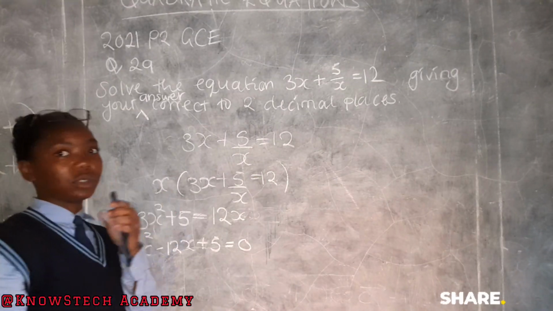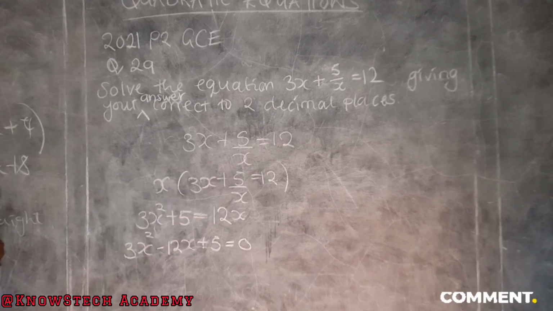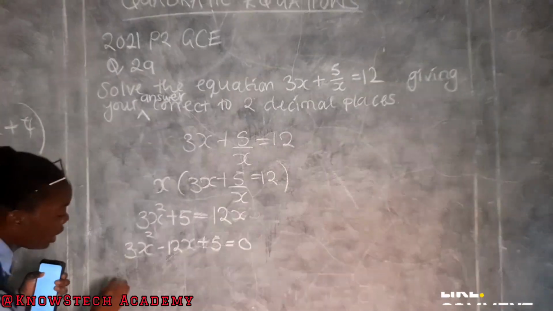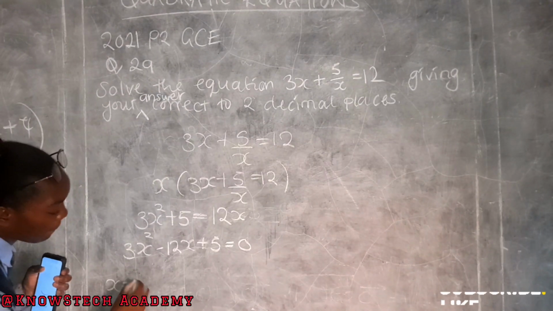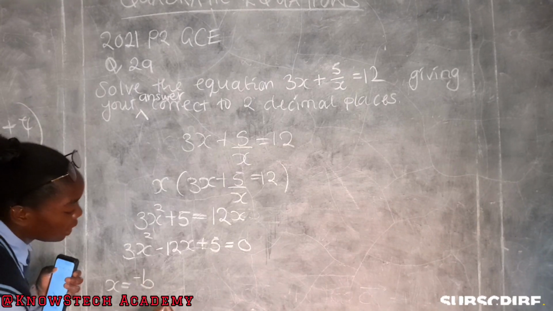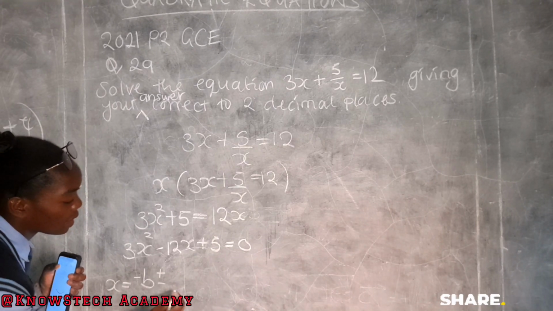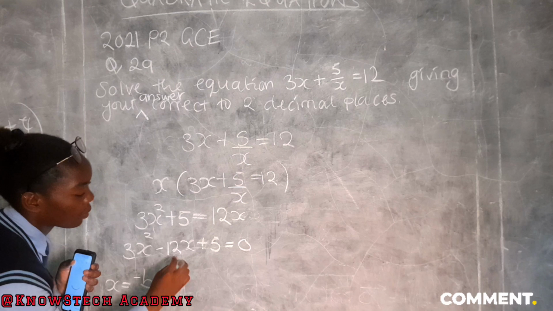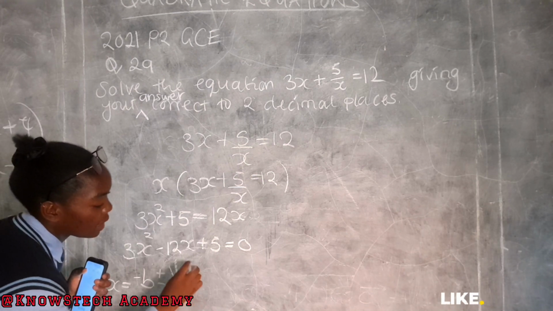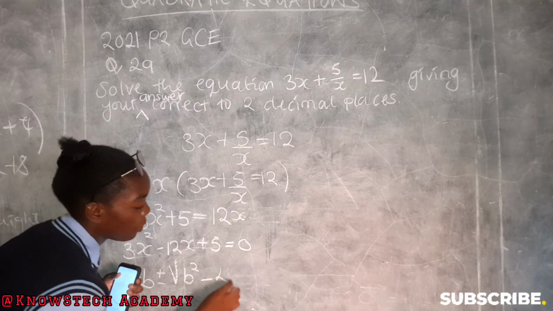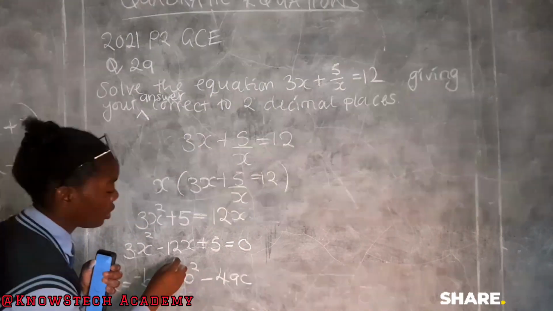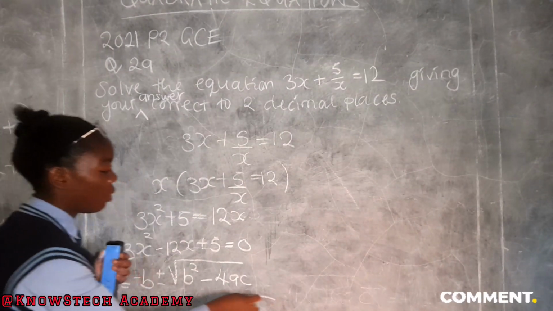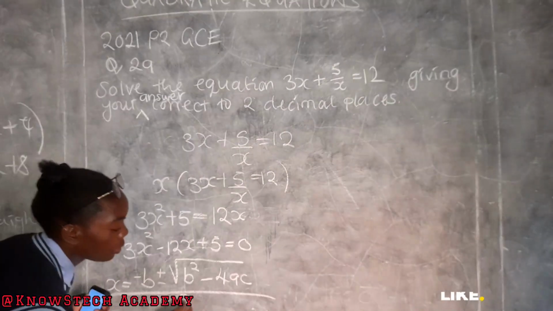So now what we're supposed to do is to write down our formula, which is x is equal to negative b plus or minus the square root of b squared minus 4ac over 2a.